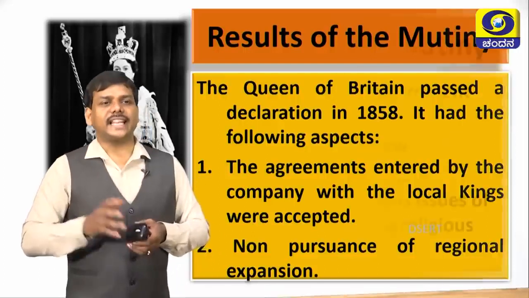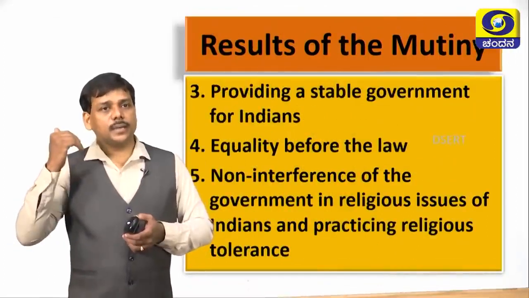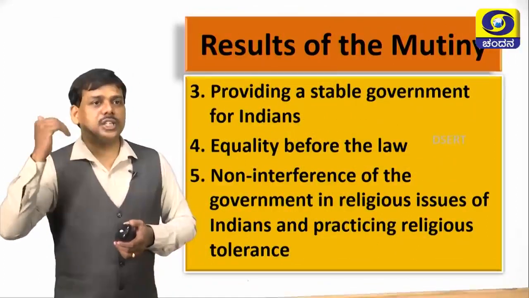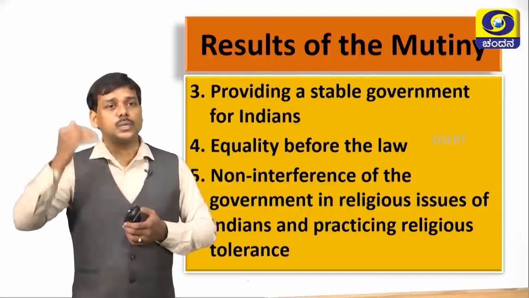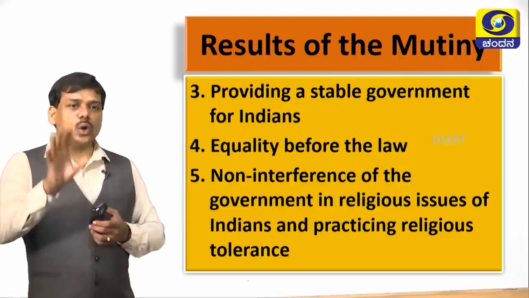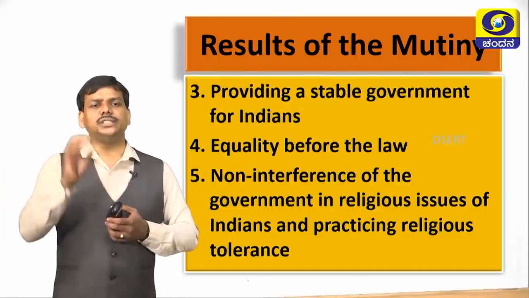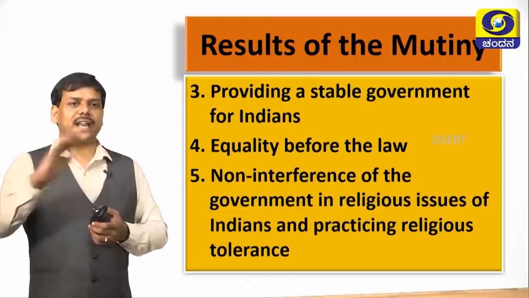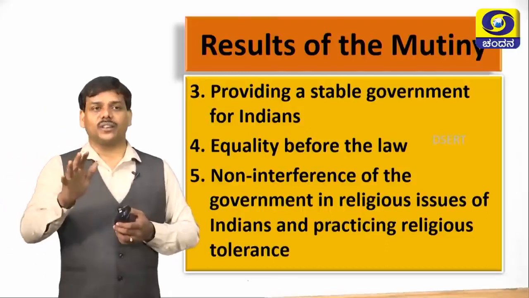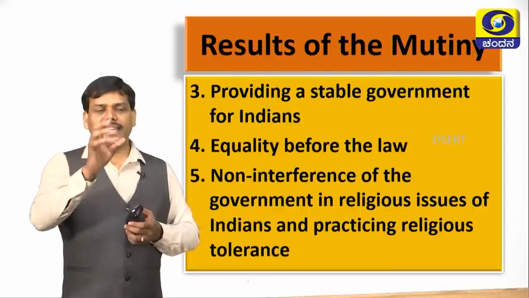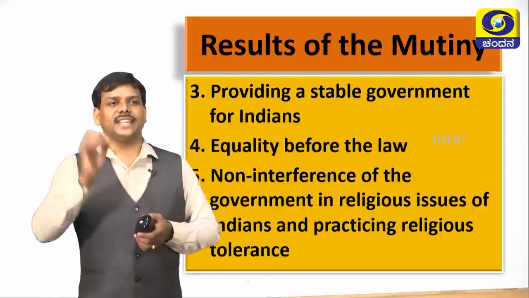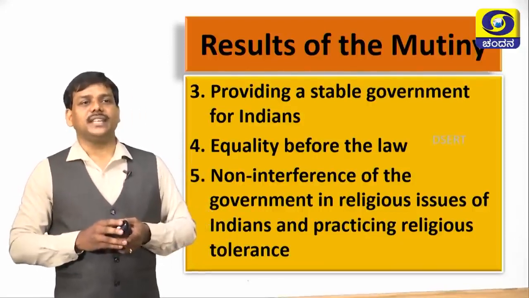Non-pursuance of regional expansion, providing stable government for Indians. She promised to give stable government. She promised to give equality before the law. Non-interference of the government in religious issues of Indians and practicing religious tolerance. These were all 5 important aspects of the declaration of Queen Victoria in the year 1858.